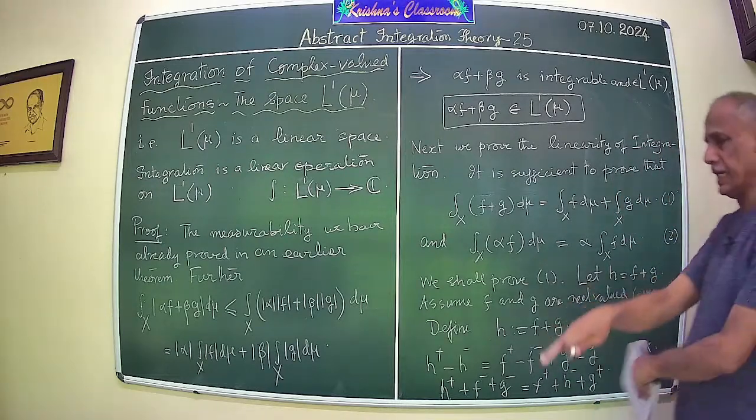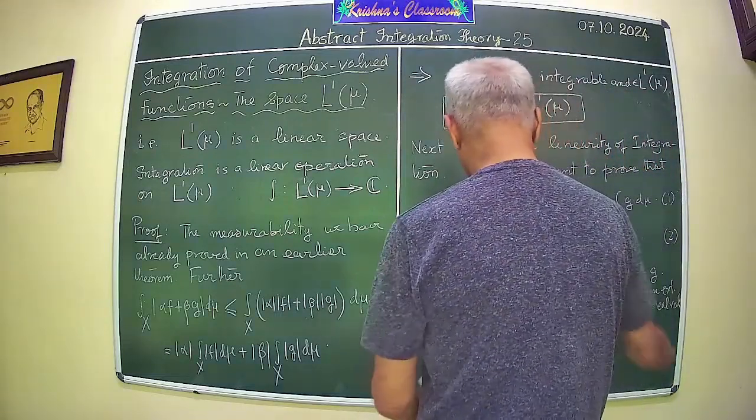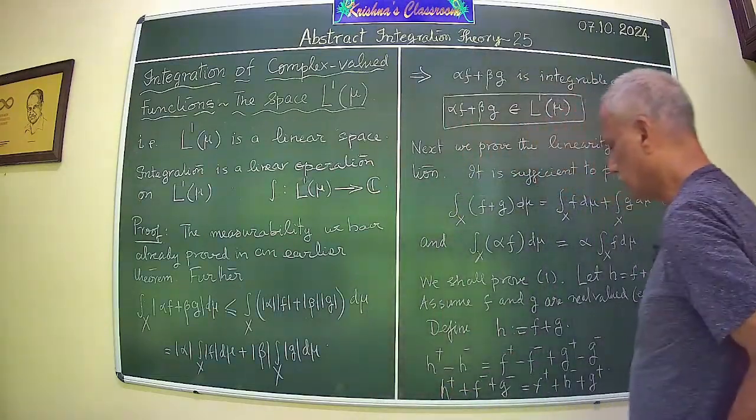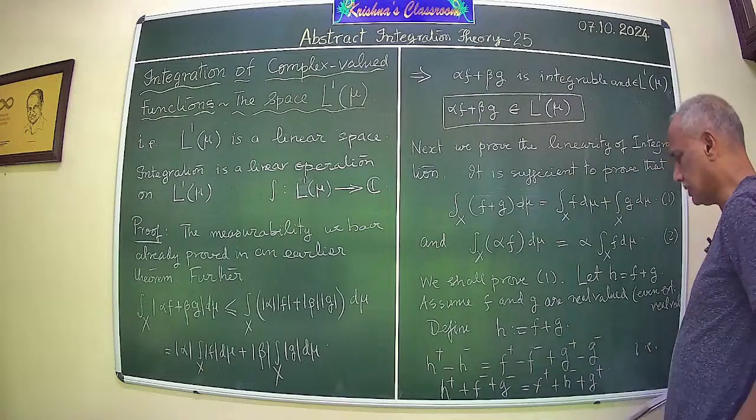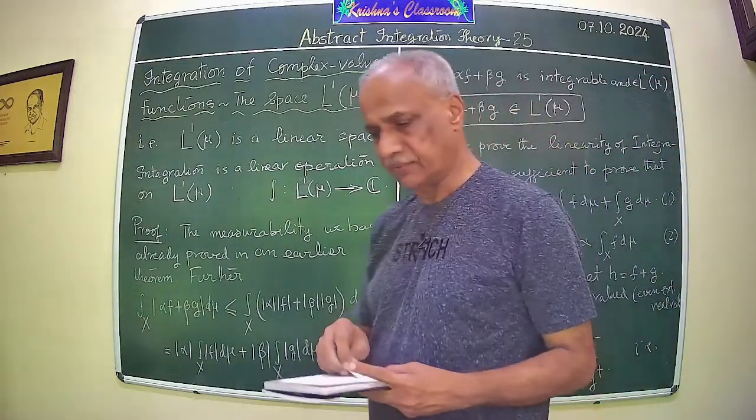This is just taking all the positive terms to one side and the other one. So you rework this whole thing, and that's easy, straight away.